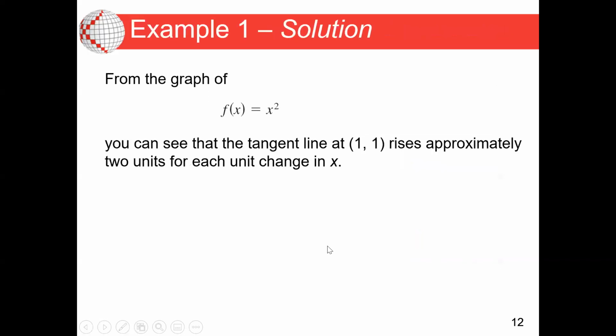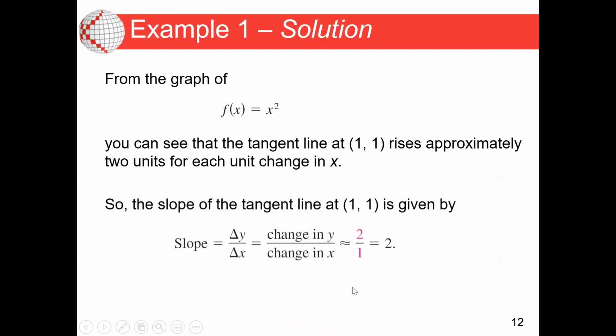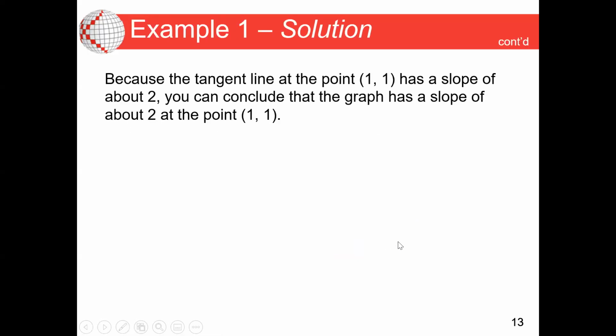And we know slope is always the difference of y divided by the difference of x. So for the graph f(x) = x squared at the point (1, 1), the change in y is 2 and the change in x is 1. So 2 divided by 1 gives us 2, which means the slope value is 2.